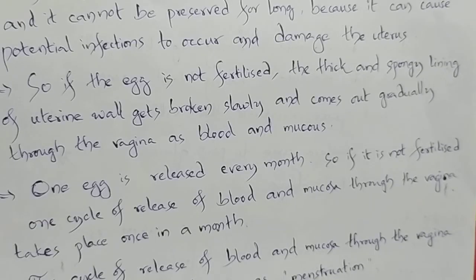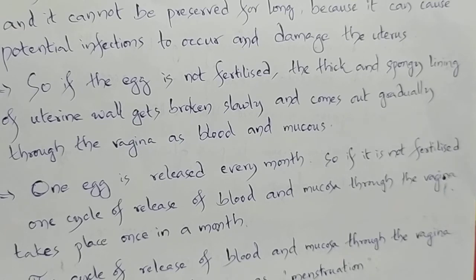So if the egg is not fertilized, the thick and spongy lining of the uterine wall gets broken slowly. Not all of a sudden, it starts slowly and comes out gradually through the vagina as blood and mucus.